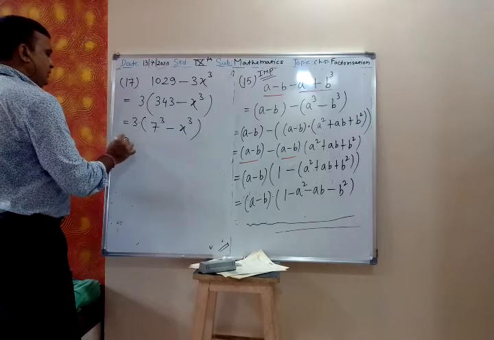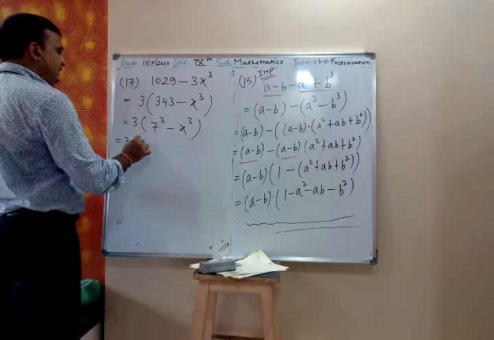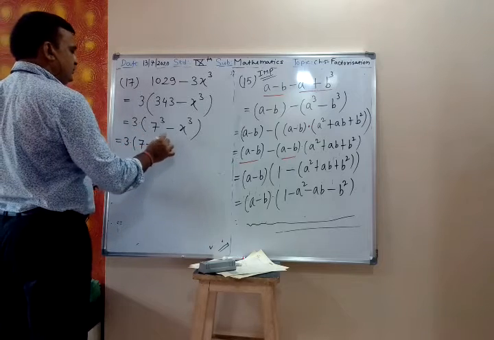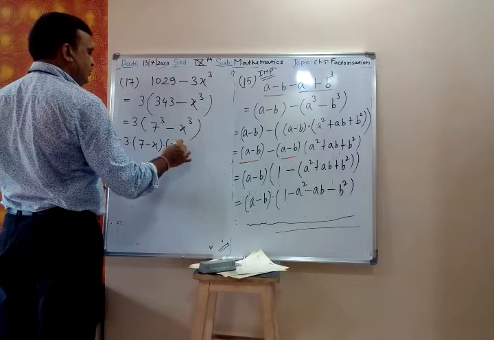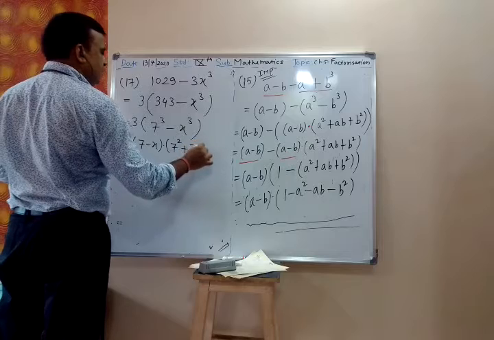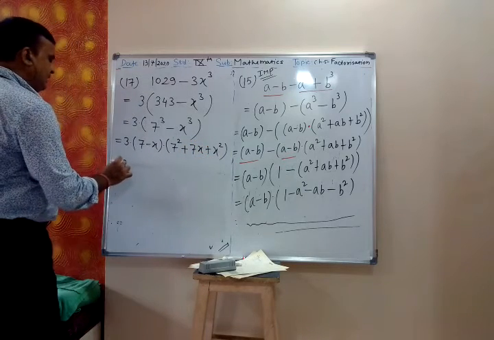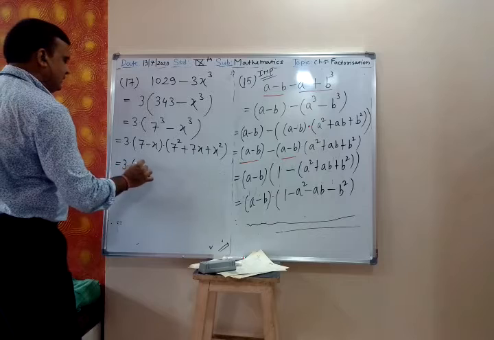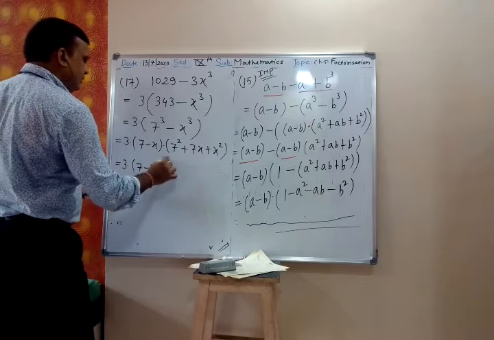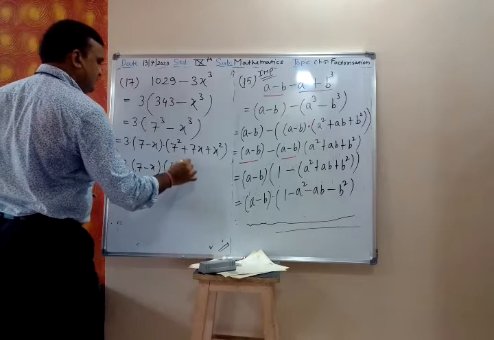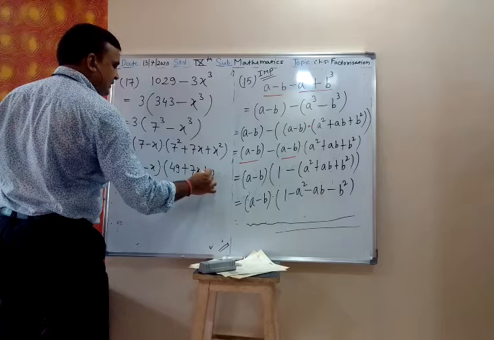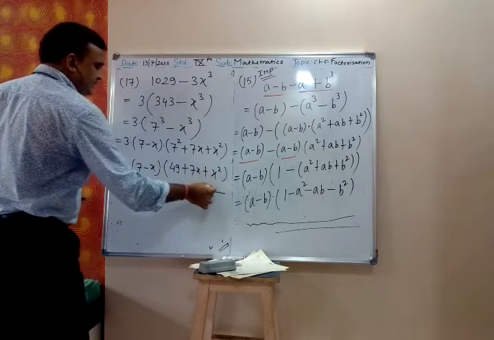So now we use a cube minus b cube, which gives 7 minus x. Then 7 square plus 7x plus x square. Writing directly only: 3 into 7 minus x, 7 square is 49 plus 7x plus x square. And this is the answer.